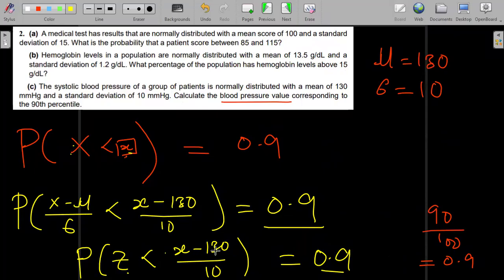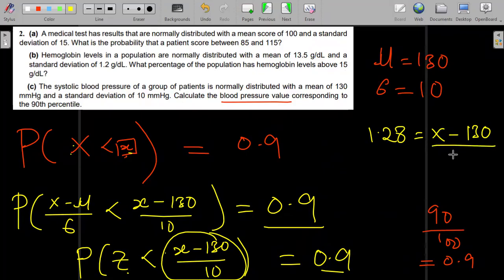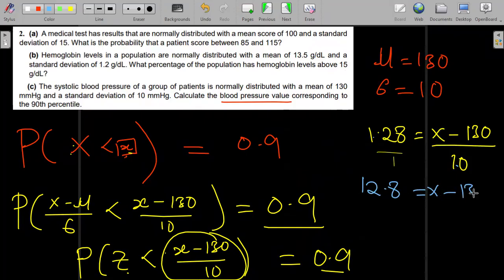So this part here, 1.28, is equal to x minus 130 divided by 10. We can use it to find the value of x. So cross multiply: 10 multiplied by this, I'm going to find 12.8 is equal to x minus 130.